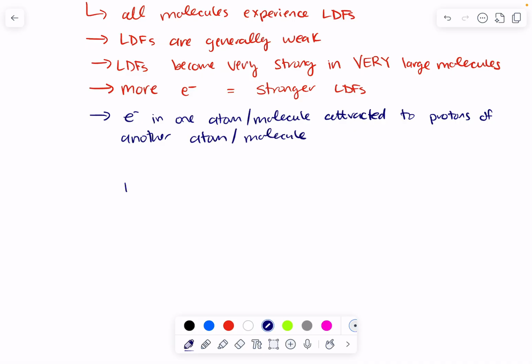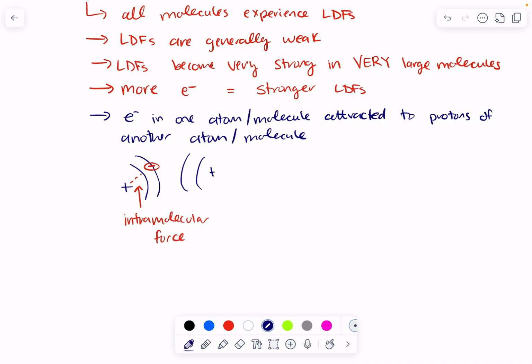So the picture I like to draw is we've got maybe a nucleus here and we've got some energy levels, and let's say I put an electron on one of the shells. This attraction force is not a London dispersion force. This is an intra or within molecular force, intramolecular force.